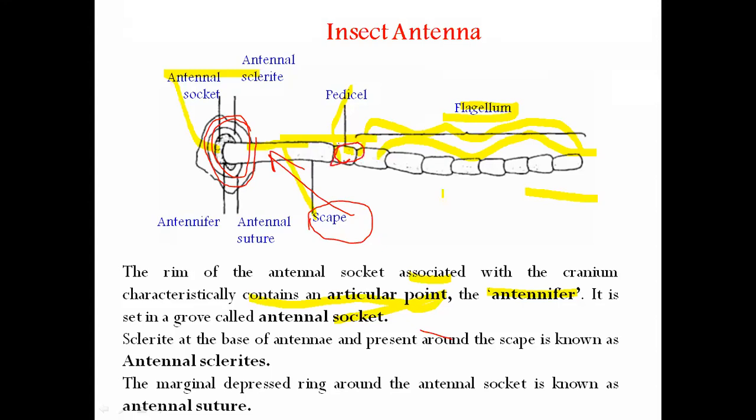Now, the second segment is the pedicel, the second part of this insect antenna. It immediately follows the scape, and it has a specialized sensory organ. The pedicel has a special function, remember all.